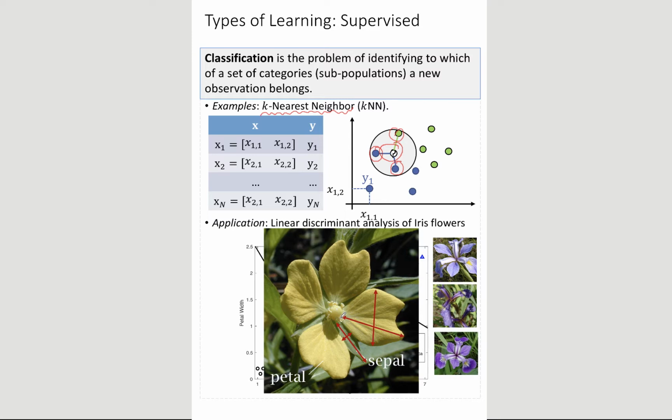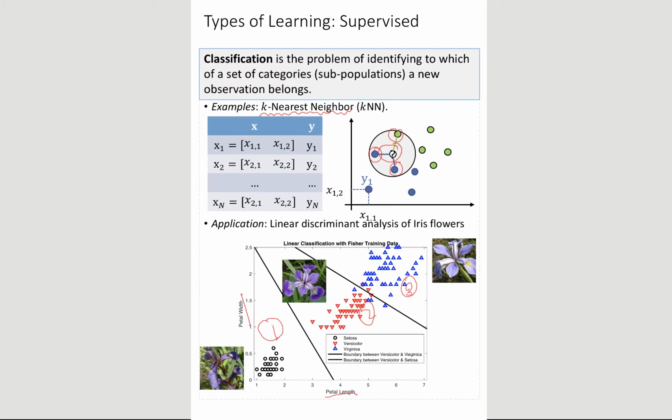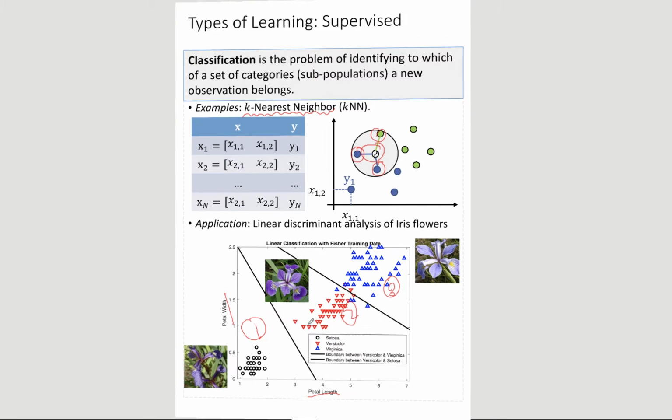For the sake of simplicity, we chose only two characteristics: petal length and petal width. LDA successfully partitions the characteristic space into three subspaces. Note that the decision boundaries are linear, hence the name, linear discriminant analysis.